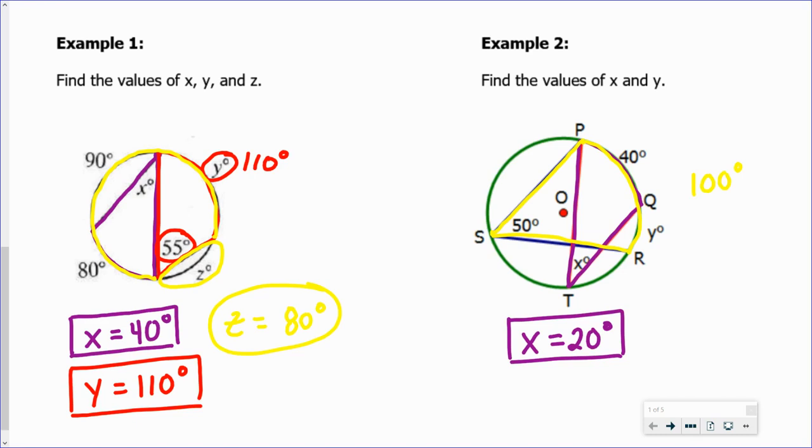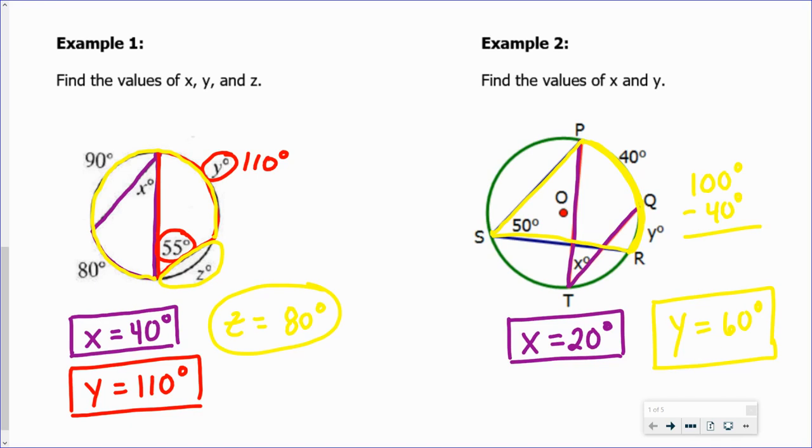And y is going to be whatever 100 minus 40 is equal to, because you've got 40 degrees here, and the rest of the arc has to sum to 100. So we subtract 40 from that, and we end up with y equal to 60 degrees, even though that doesn't look to proper scale. Based off of the measurements that were given, that is correct.